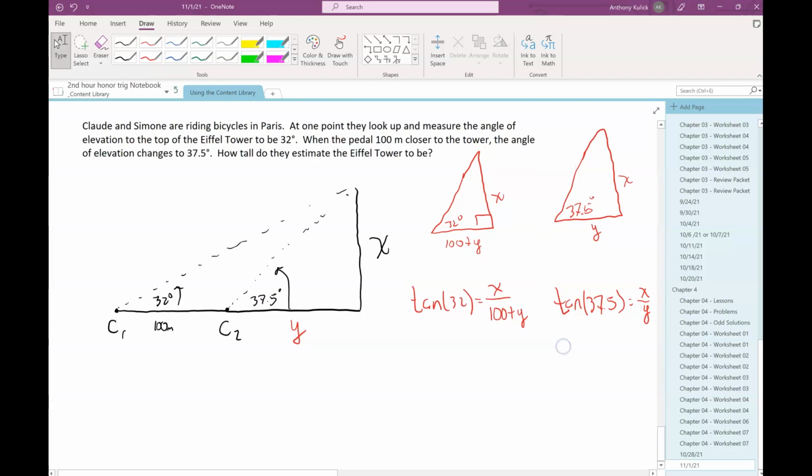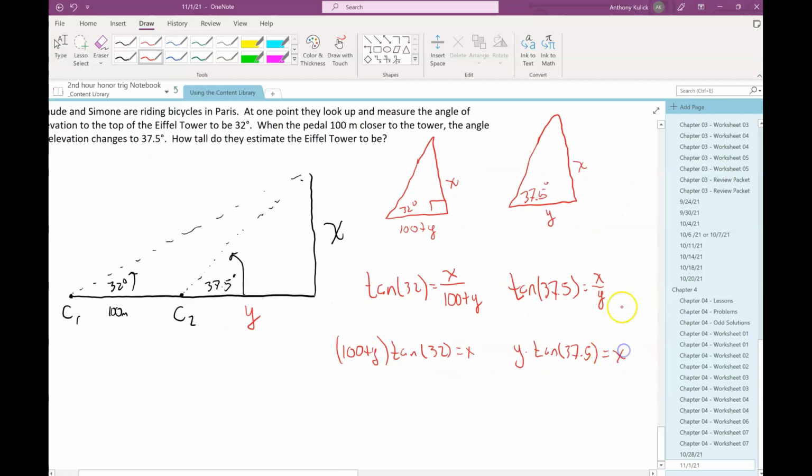So the first thing I'm going to do is get both of these equations equal to x, so I can just substitute them in. If I multiply the first equation by 100 plus y, and I multiply the second equation by just y, I now have that both equations are equal to x.